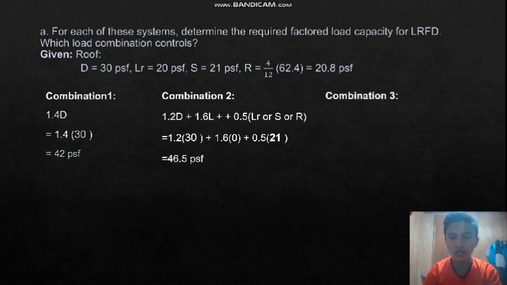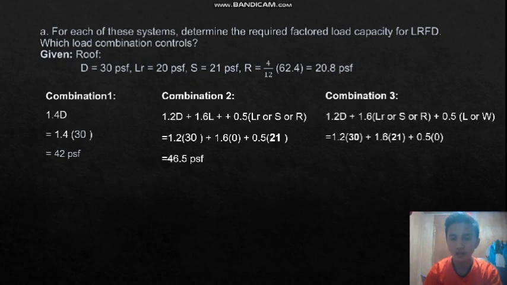For combination 3, 1.2 multiplied by D plus 1.6 multiplied by LR or S or R plus 0.5 L or W. Substitute 1.2 multiplied by 30, 1.6 multiplied by 21 since malaki ang snow load ginamit natin, plus 0.5 multiplied by 0 since wala tayong live load and wind load.